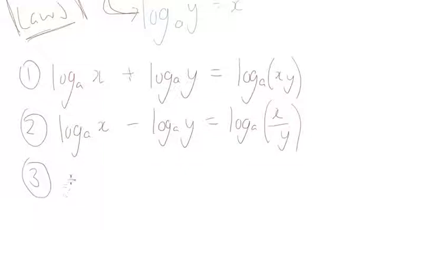Log law 3, stellar, quite important. It says log base a of x to the n equals n log base a of x. So if we have the log of x to the power of n, that power can come out the front. And that's going to be very convenient for us later on.